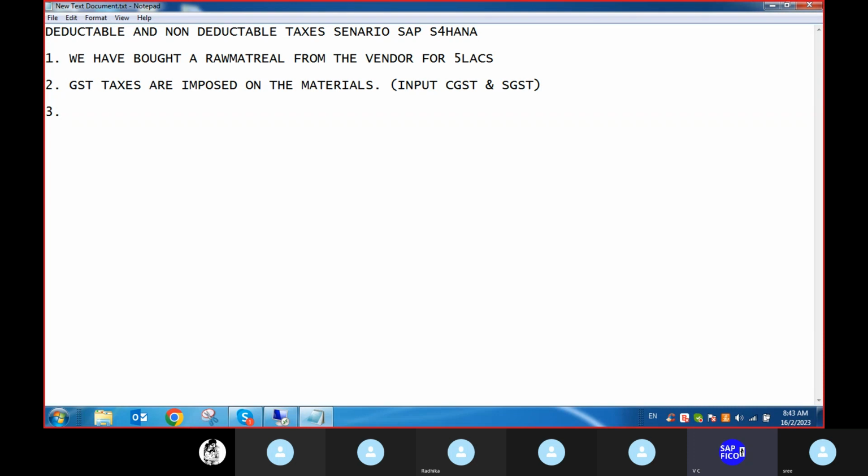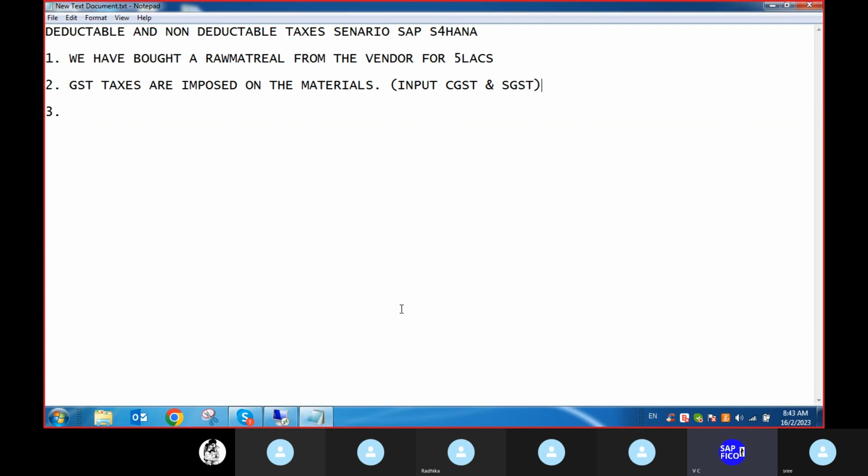When we buy the raw material from the vendor, the vendor imposes taxes, right? What are those taxes? Input CGST and input SGST. And what is the entry, all of you? When you purchase the raw material from the vendor with the help of taxes, tax will be imposed, right? So what is the exact entry?